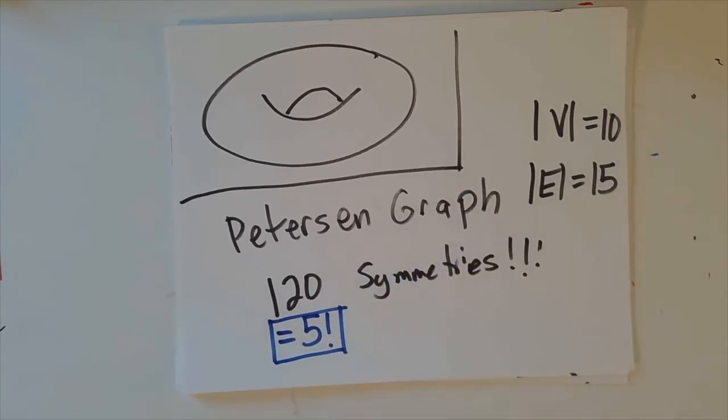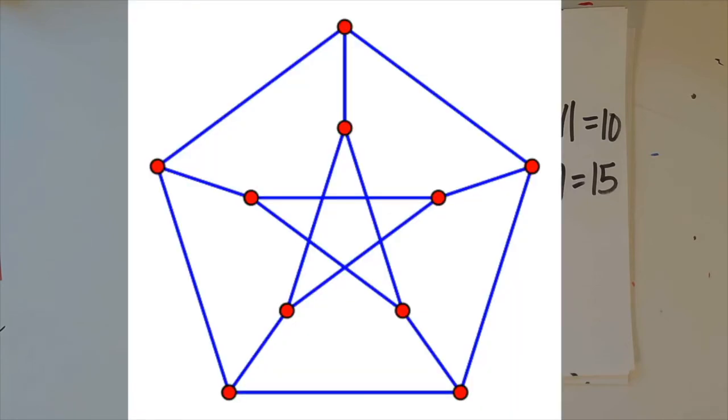But it's weird because when I look at this graph again, I don't see 5 of anything. There's 10 vertices, there's 15 edges. Those numbers are both divisible by 5, but neither of them is 5. And there's, say, 5 points on the outside and 5 points on the inside, but there's no way I can permute all 5 of the outside vertices, for example. And so you might wonder, where are the 5 things?